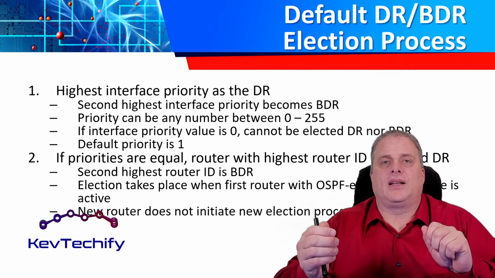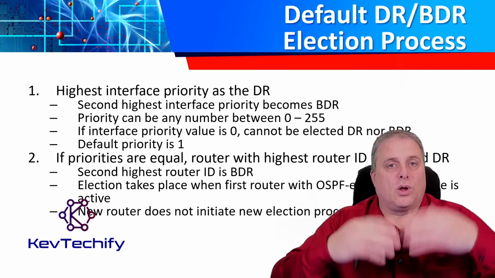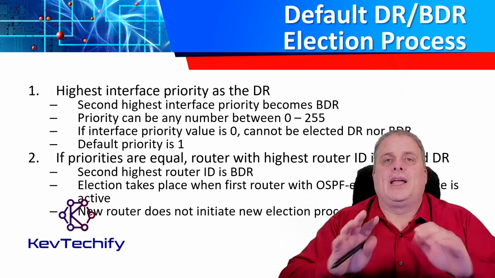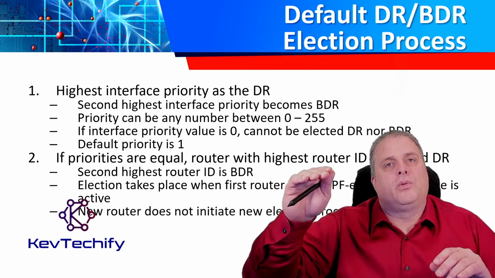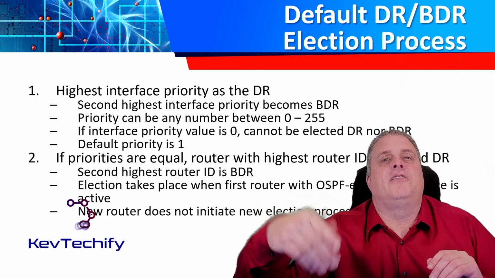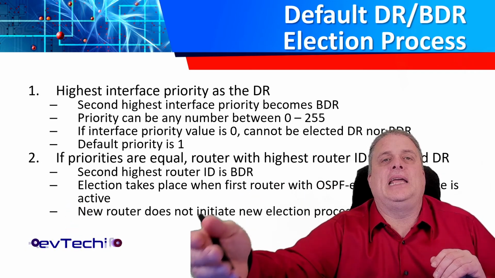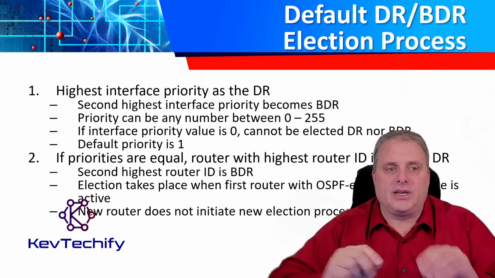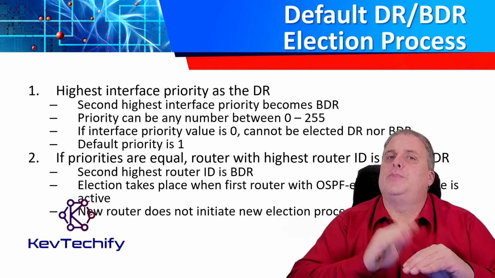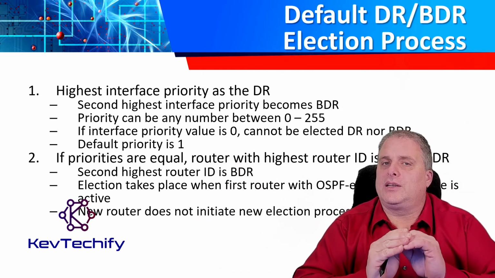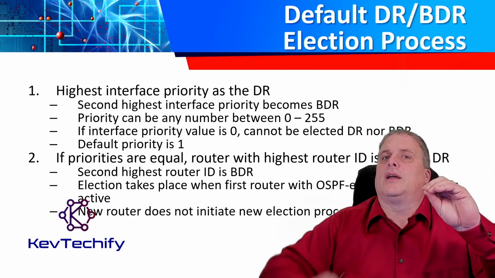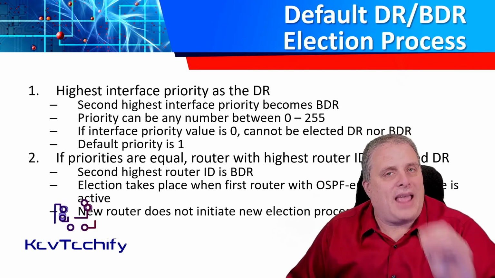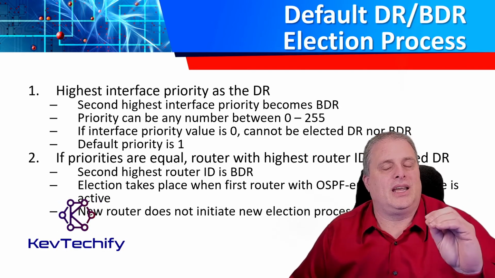And because of that, the router with the lower ID, which should never be elected the designated router, got elected to it because the router with the highest router ID hadn't finished booting, hadn't activated the interfaces. Because it wasn't online when the election took place, because that election starts right away when that interface becomes active, the highest router ID that was active at that point in time becomes the designated router.